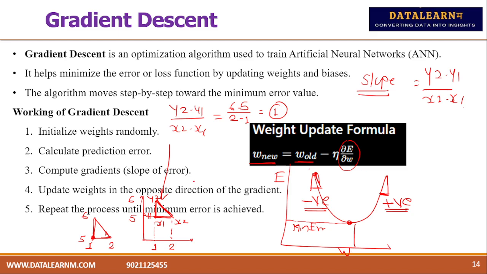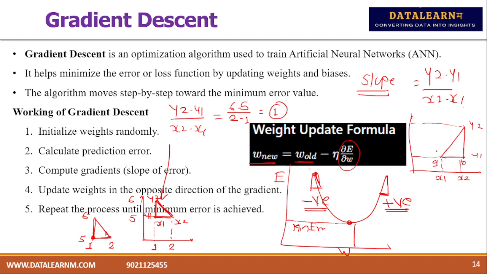Same way, if it is on this side, the graph is like this, correct? Again you will have some x1, x2, y1, y2 values. We can take different values. Suppose here is 9, here is 10.